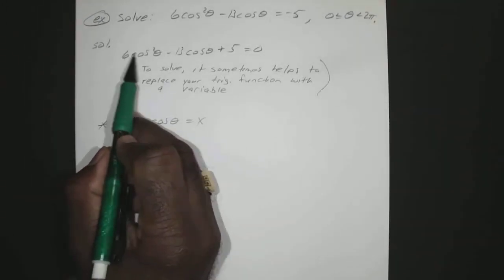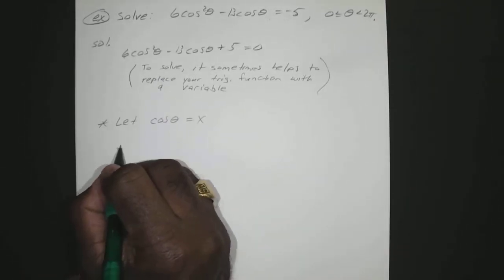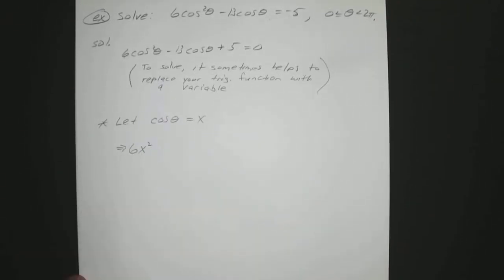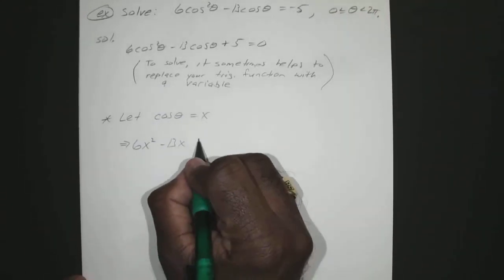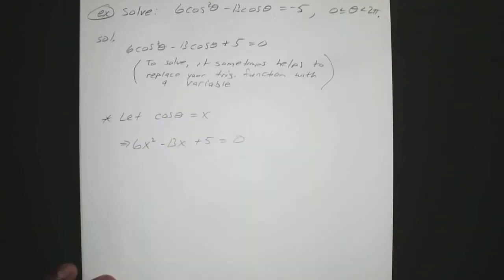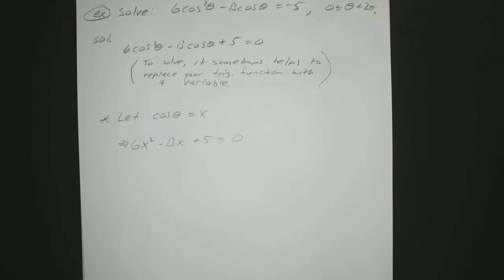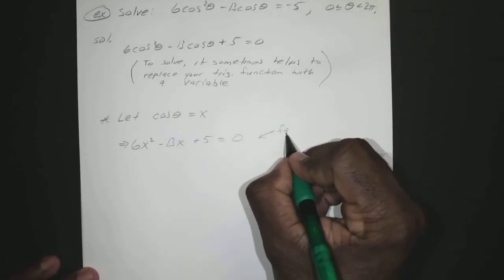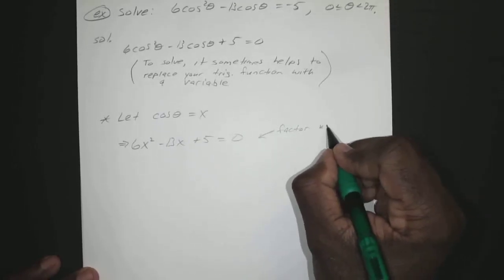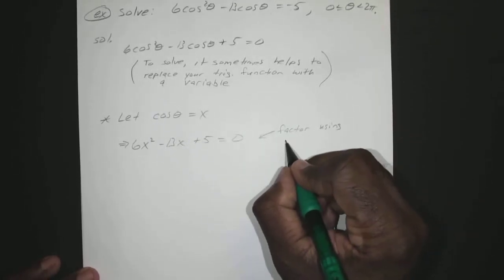Okay. So instead of 6 cosine squared, we end up with 6x squared minus 13x plus 5 equals 0. And there you can just factor that any way you want to. So factor using any method.